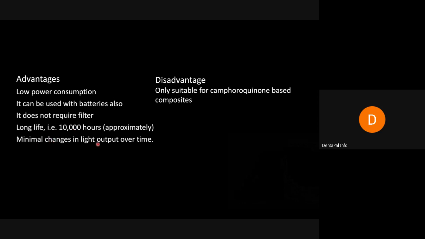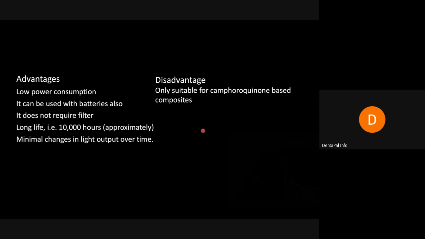Minimal changes in the light output over time, but even though we need to calibrate the device once every several months, okay? The only disadvantage is that LED can only affect composites that have the camphorquinone.